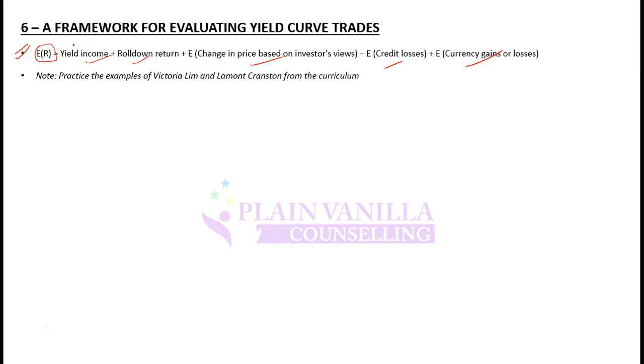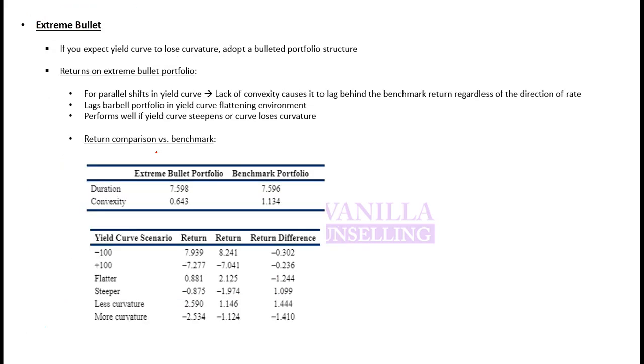This is very basic that you have so far learned in Level 1 and 2, but now you know that there are other components to this return. And then there is an example in the curriculum for Victoria Lim and Lemon Cranston, two examples. So practice these examples because they apply the overall concept. As long as you know the concept, you should be able to do it.